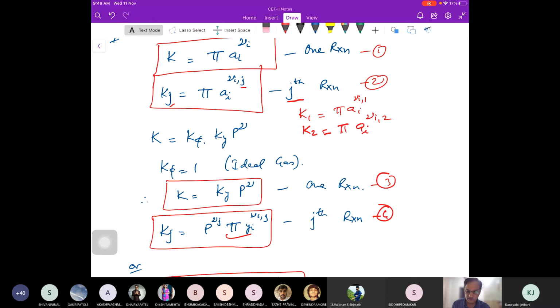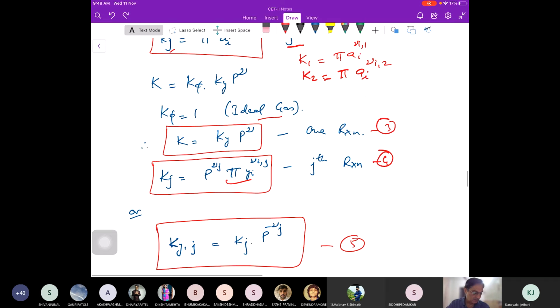We have done many problems for gas phase reactions. We are taking gas phase only right now, because we assume ideal gas here. So K for the jth reaction will be P raised to the power of nu_j, that means nu for the jth reaction, into K_y, which is nothing but pi of y_i raised to the power of nu_i,j for the jth reaction.